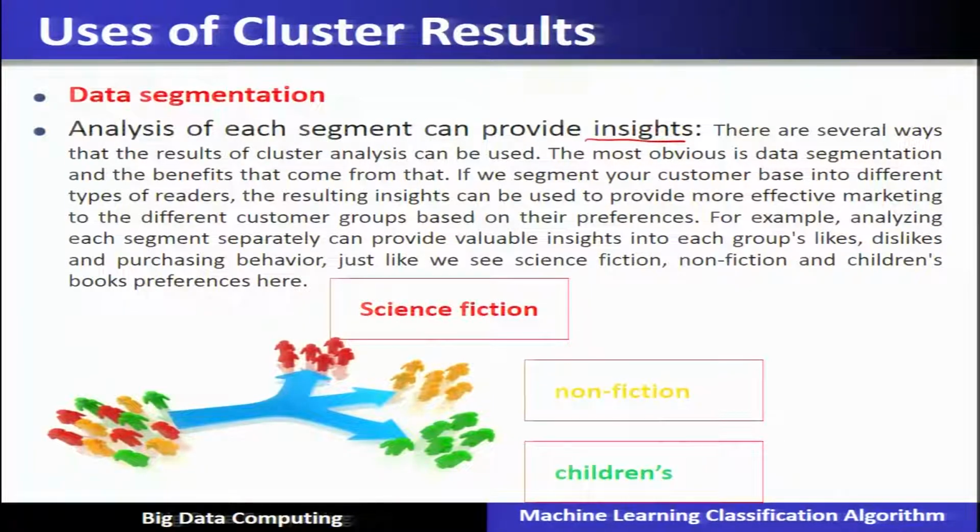So, if we segment our customer base into different types of readers, the resulting insight can be used to provide more effective marketing to different customer groups based on their preferences. For example, analyzing each segment separately can provide valuable insight into each group's likes, dislikes, and purchasing behavior, just like we see the science fiction, non-science fiction and children's book preferences here in this picture.